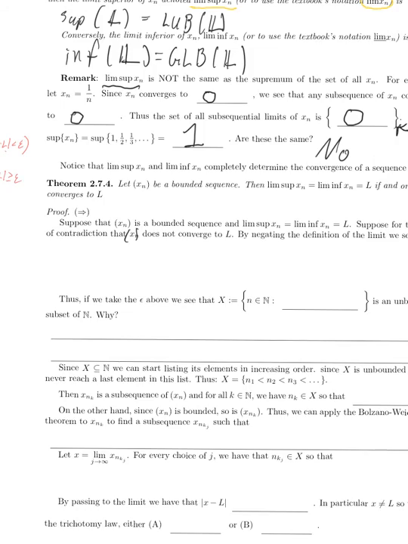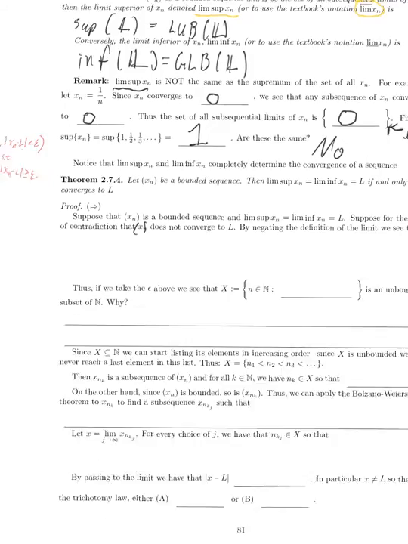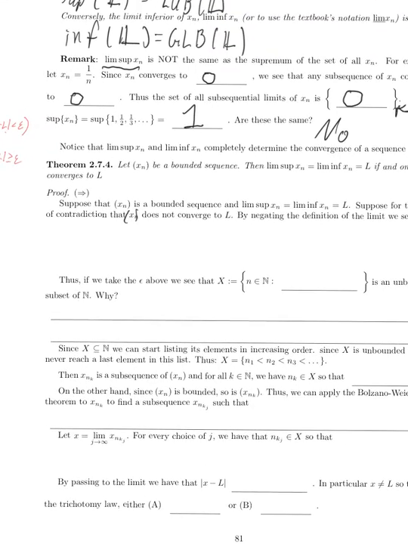X sub n does not converge to L. By negating the definition of the limit, I see that this means that there exists an epsilon bigger than 0. That epsilon could be 5, that could be a fifth, such that no matter what choice of big N I make, there exists a choice of little n bigger than big N, so that absolute value of x sub n minus L is bigger or equal to epsilon.